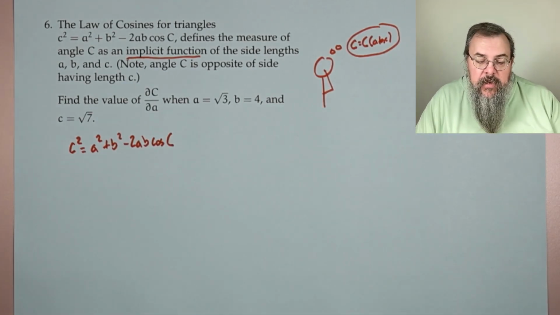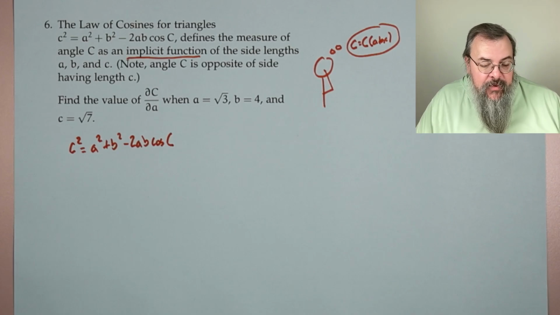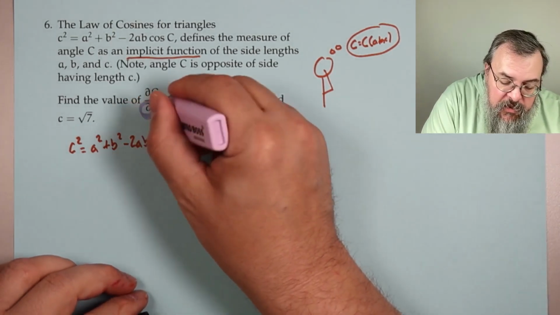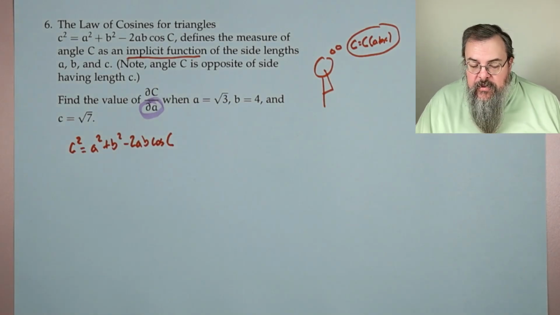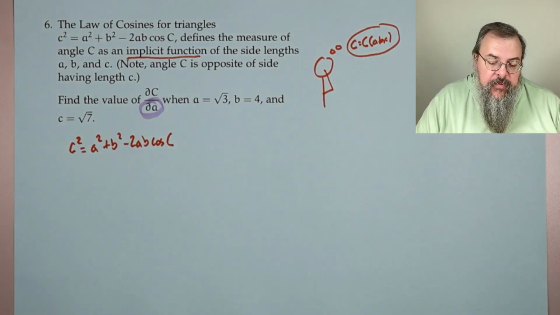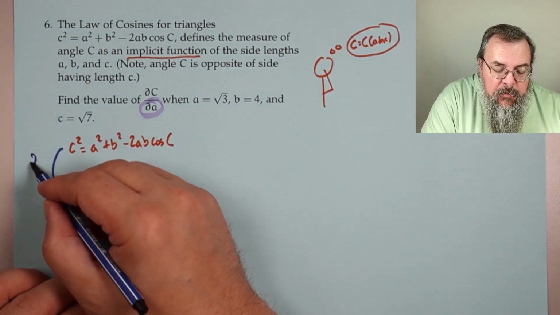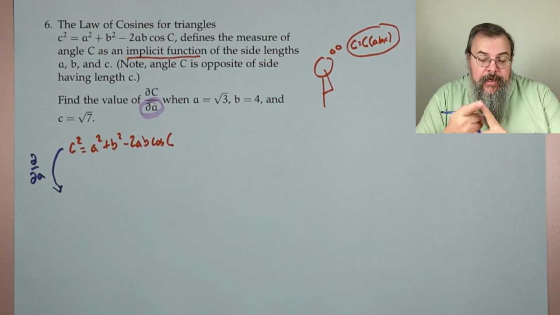What do we want? We want partial C, partial a. So we're taking the derivative with respect to a. As we take this derivative, a is varying.